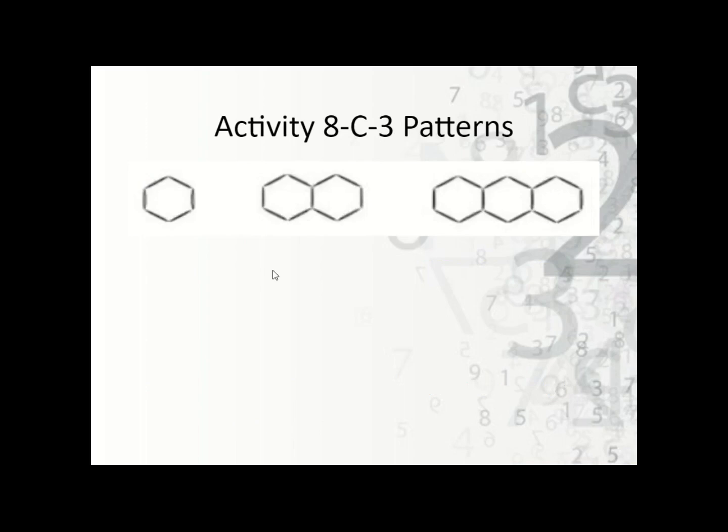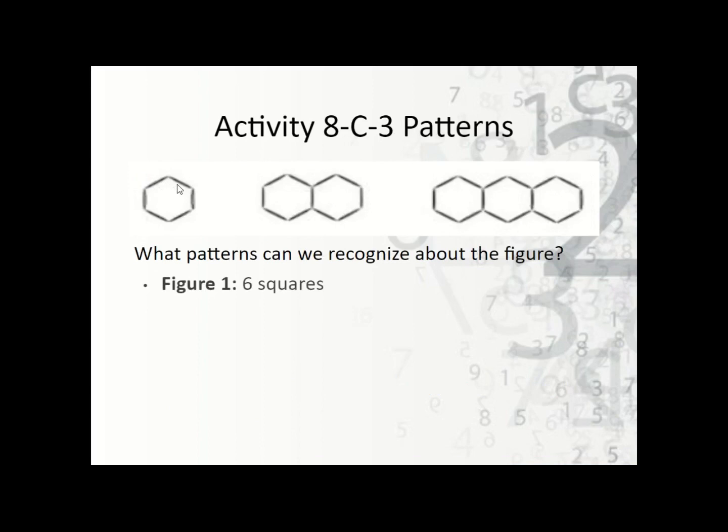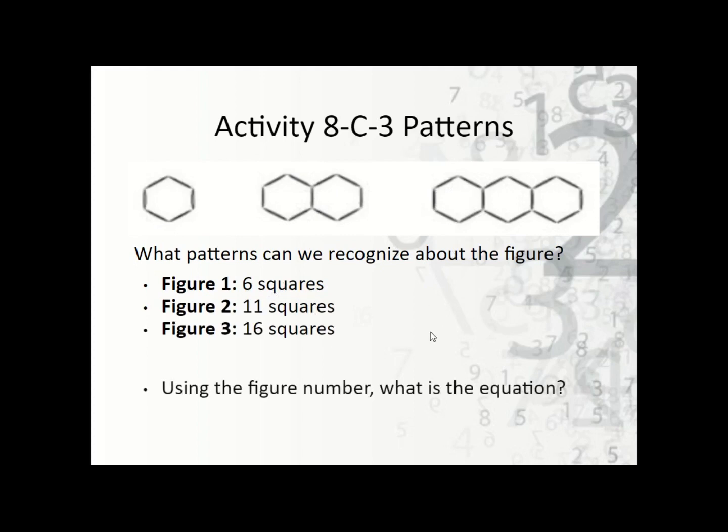Now on this one, you can see that we have some hexagons. Here in the first one, we have 1, 2, 3, 4, 5, 6 sides. Then when we add 1 to it, we now have 11 sides because this one is shared. Then we do it again, and we have 16 sides. So what's the pattern we recognize here?